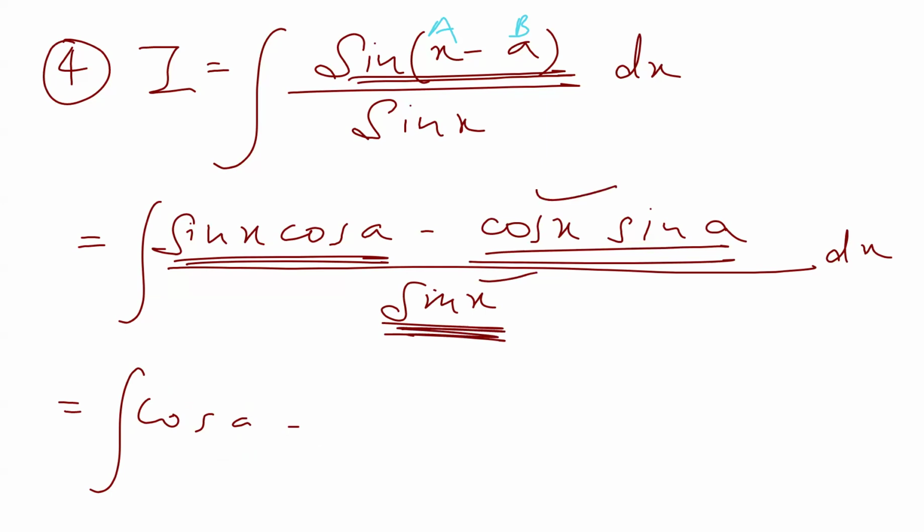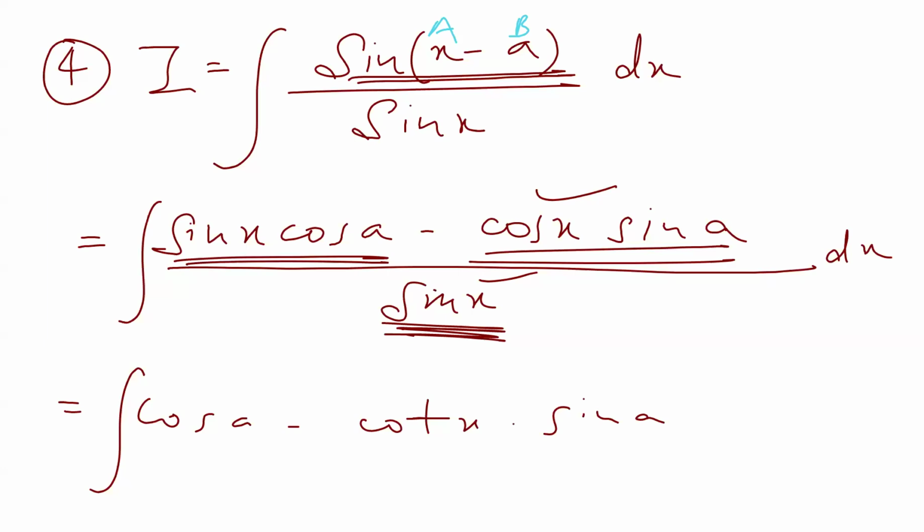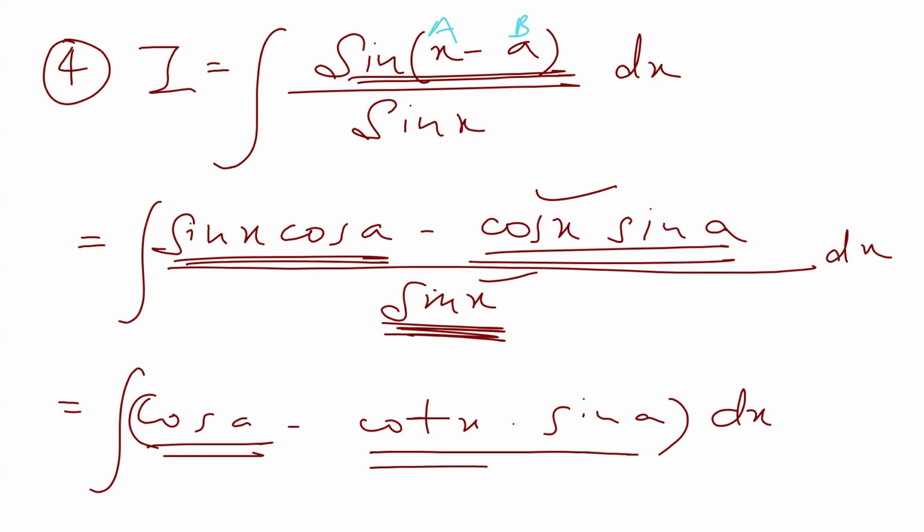So cos upon sin is cot x into sin a. So this will be individual integration of cos a minus integration of cot x into sin a.